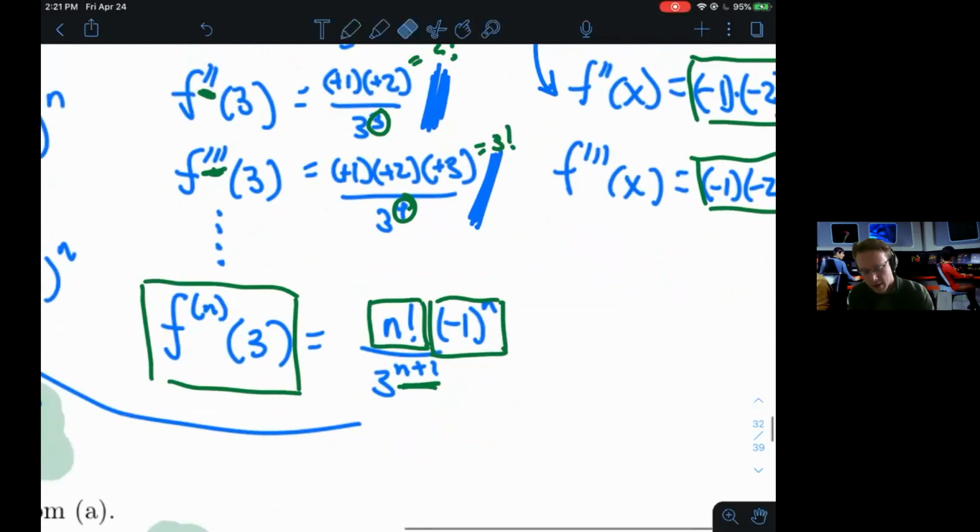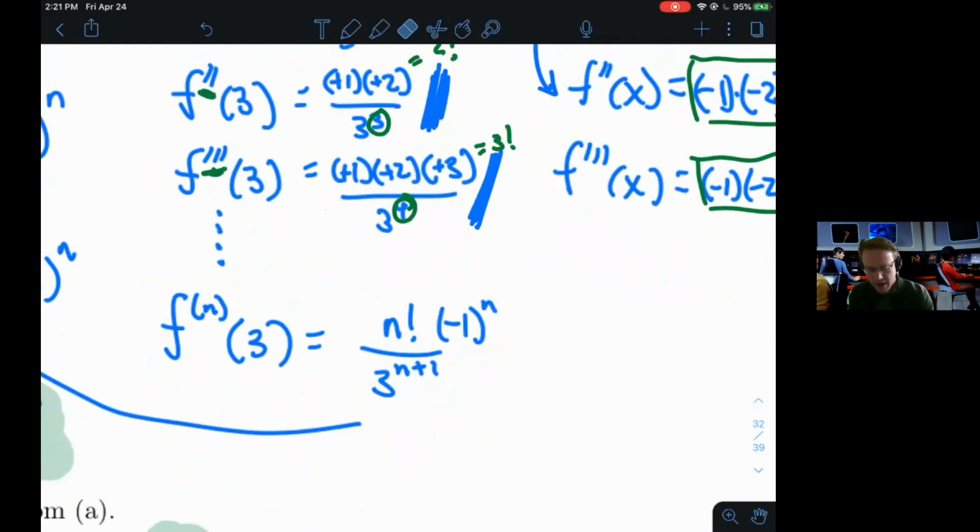So I think this right here is a good formula for the nth derivative for my function evaluated at 3. So again, you do a couple of these things and you try to figure out what the pattern is. So remember, we've tried to figure out patterns before back in 11.1, 11.2, and of course now we're using these skills quite significantly here in these 11.10 style problems.